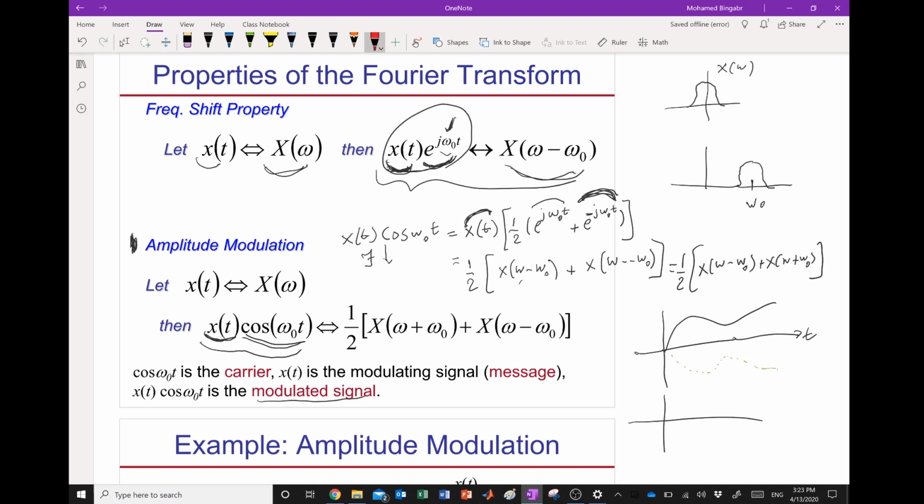So after I multiply it by cosine omega 0 t, with omega 0 a very high frequency, we will get this. And the red thing is what you will be transmitting through antenna, radio frequency or wireless. Where is the message? The message is in the envelope. So at the receiver, they extract the envelope, they extract the message, and we will see how they do that. And that's the importance of amplitude modulation.